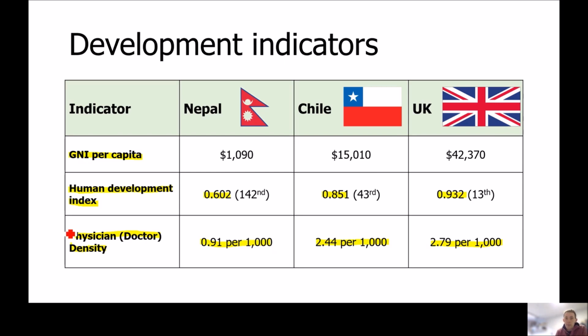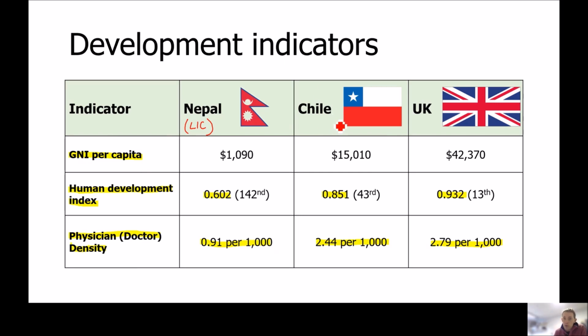The key thing to remember about these two countries, Nepal and Chile, is that overall, looking at these development indicators, we can confidently say that Nepal is a low-income country. Okay, it's one of the poorest nations on the planet.